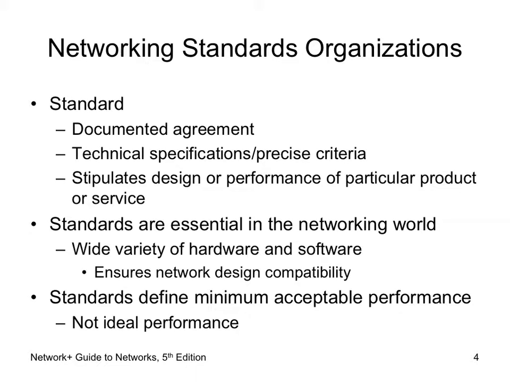Standards define a minimal acceptance of performance, not an ideal performance. Like I said, an example would be a Windows server saying, okay, 32 gigs of RAM or 16 gigs of RAM for the newest network operating system from Microsoft. On average, 128 gigs or higher is generally what most places do. Even on the consumer side, if you buy Microsoft Windows 10, it tells you, here's a minimal requirement for home users for memory.